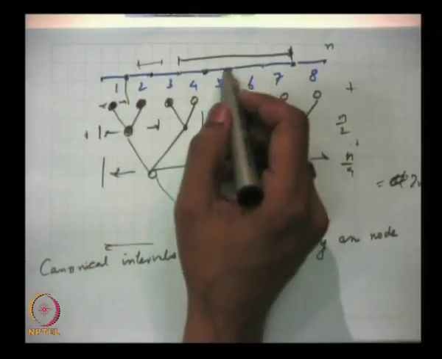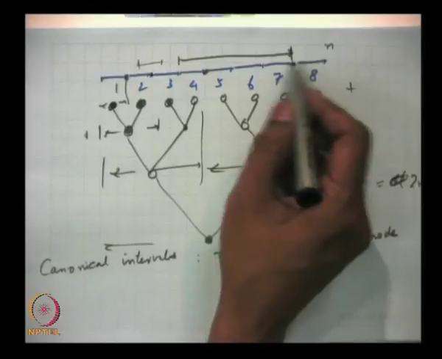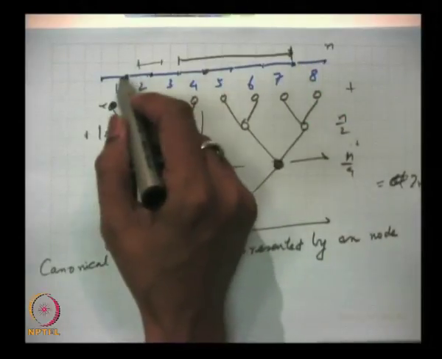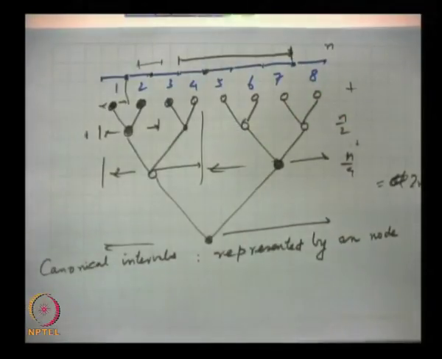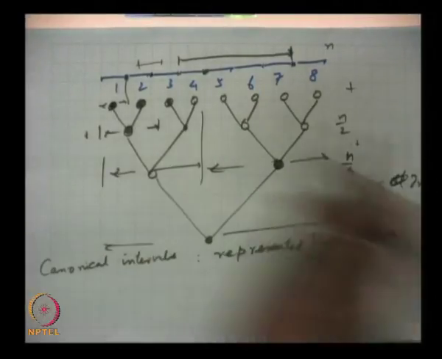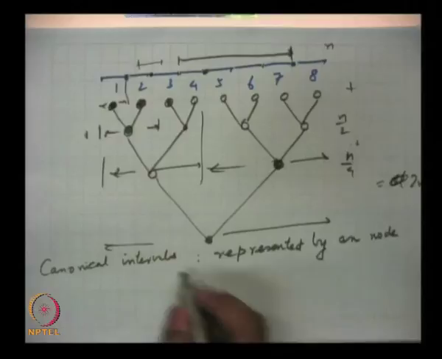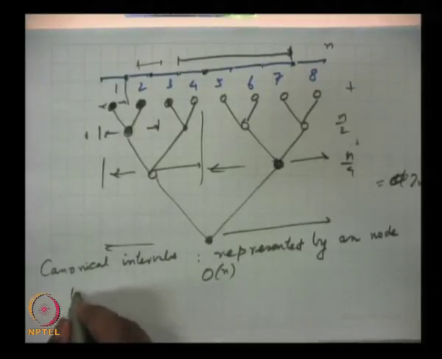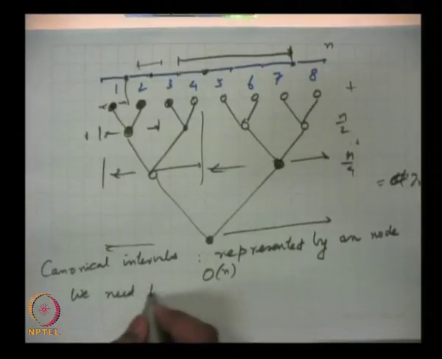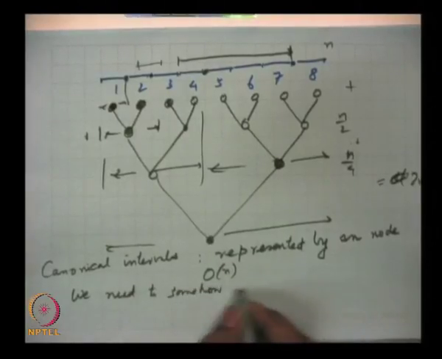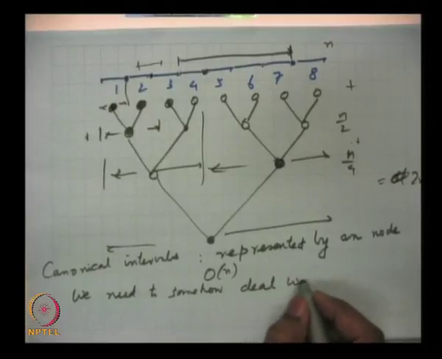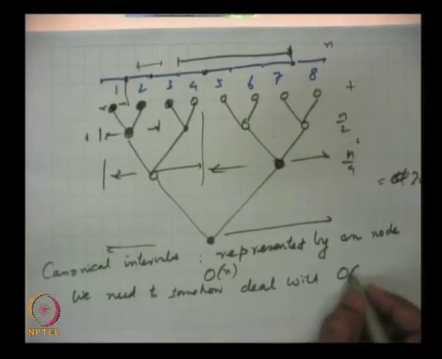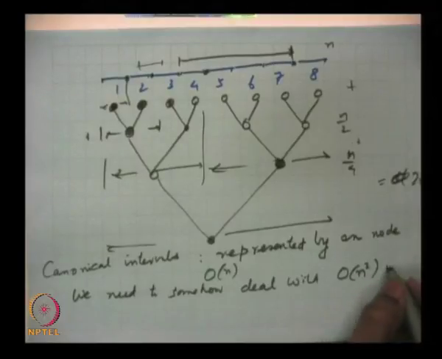If you restrict your intervals to be those kind of intervals, then I can choose any 2 points and that represents an interval, and that is basically n choose 2. So, we have only order n canonical intervals, and we need to somehow deal with order n squared intervals.